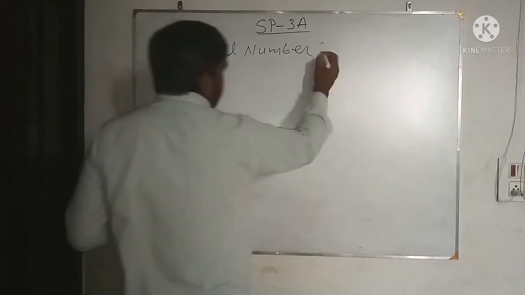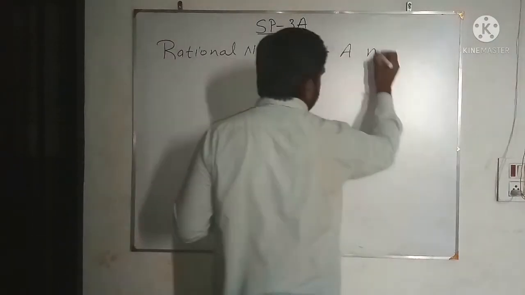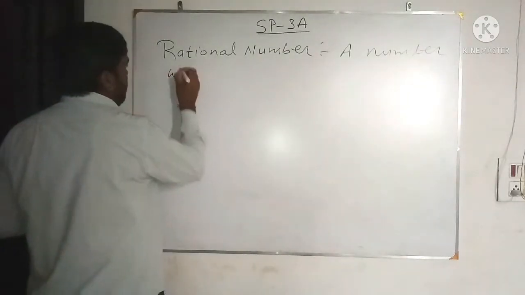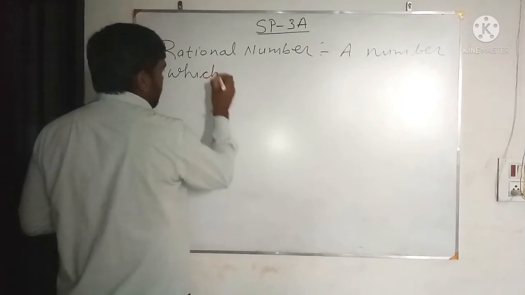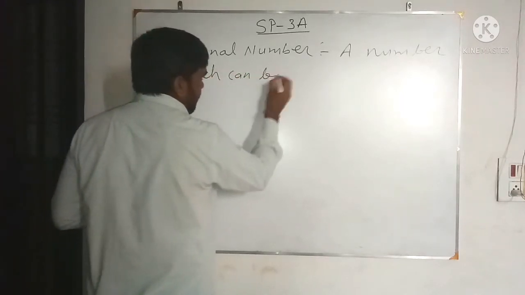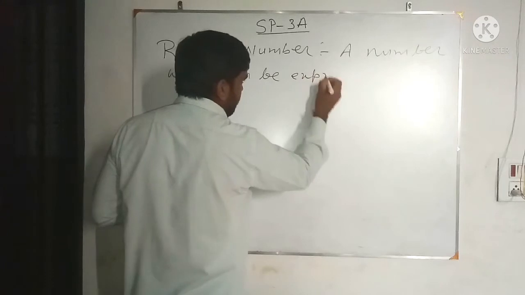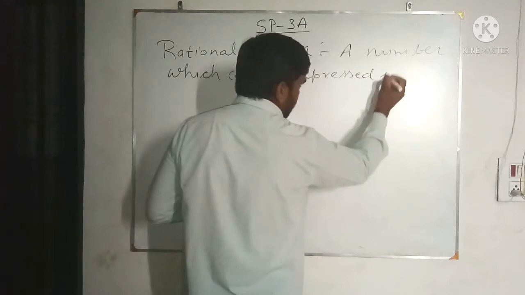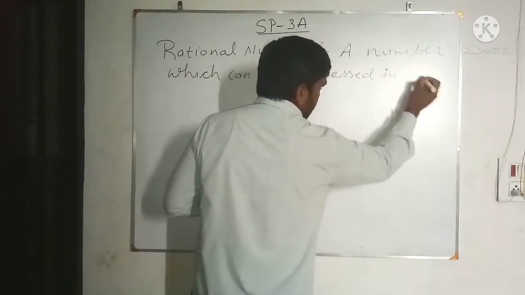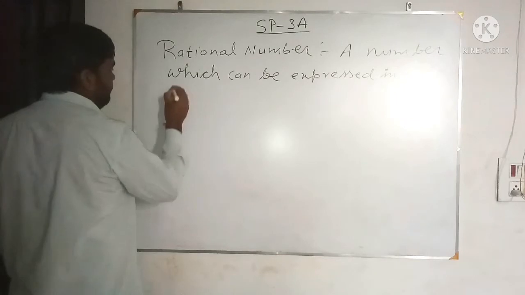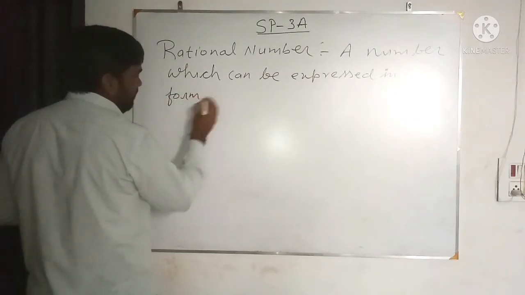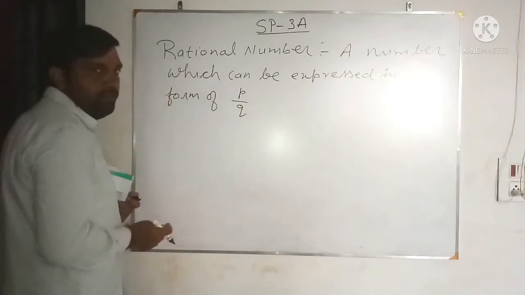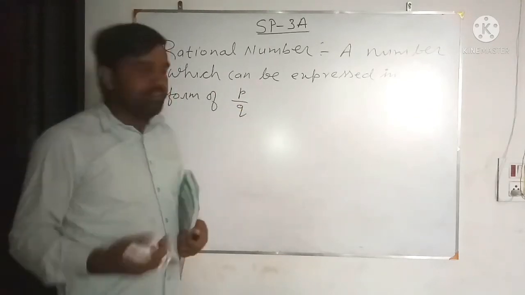So a number which can be expressed in the form of p by q, which means in the form of a fraction. A rational number is the representation of a fraction.